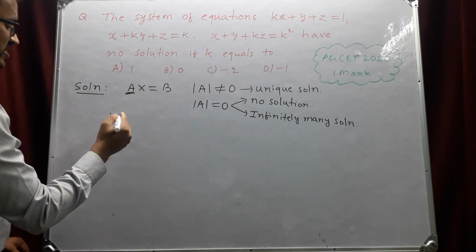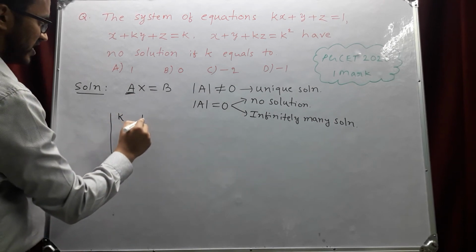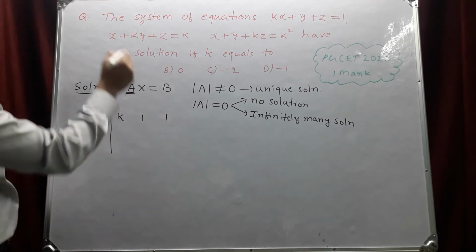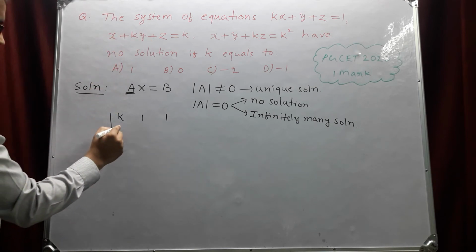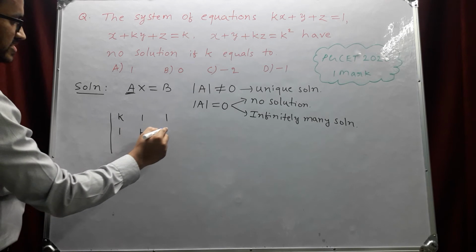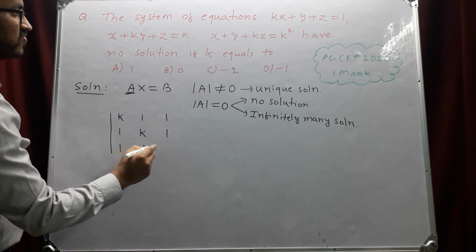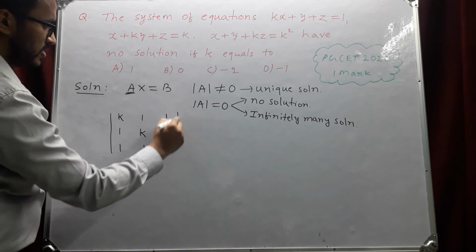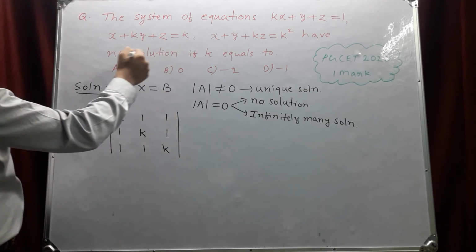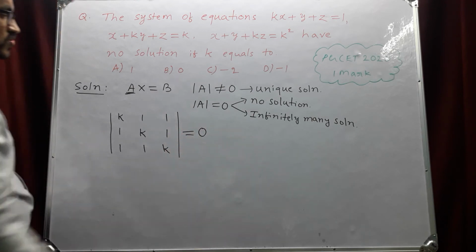In the first equation, coefficient of x is k, y is 1, z is 1. Second equation, coefficient of x is 1, y is k, z is 1. Third equation, 1, 1, k. Since we have no solution, what we are taking, determinant is equal to 0.